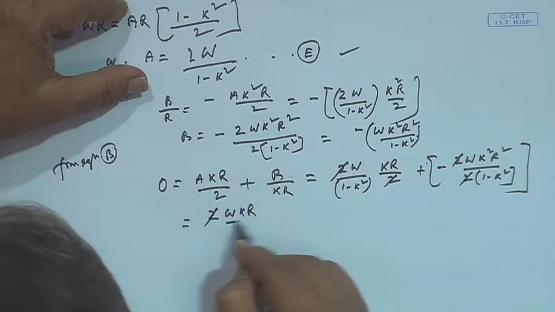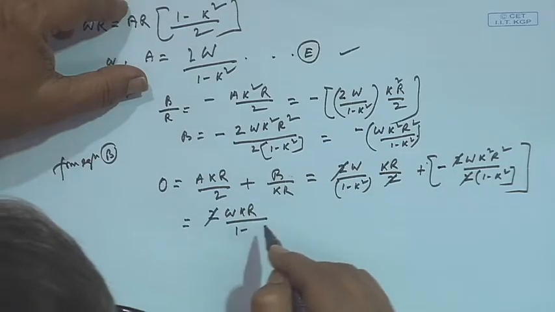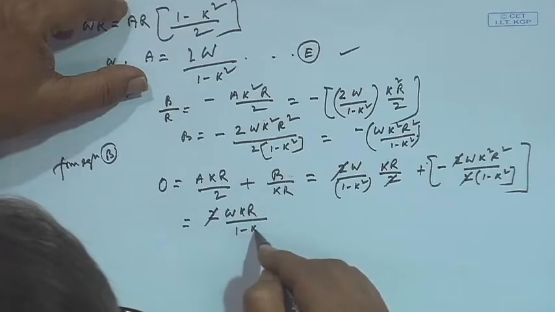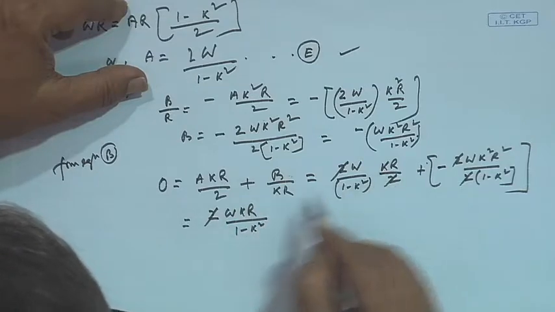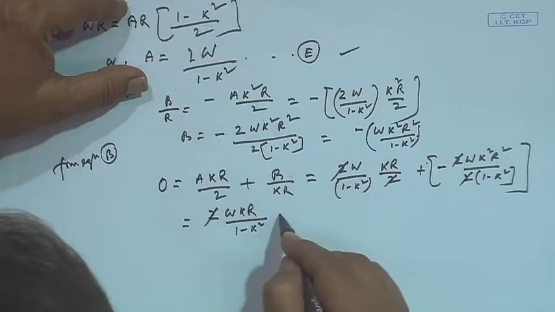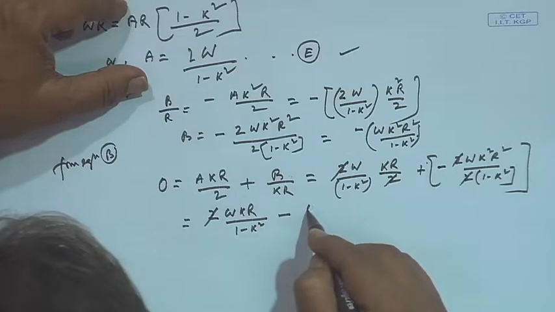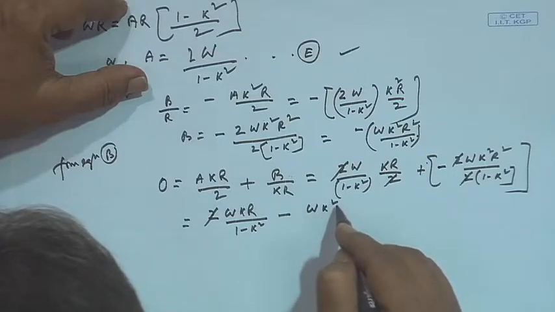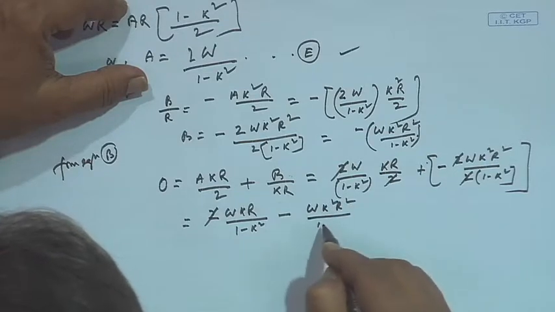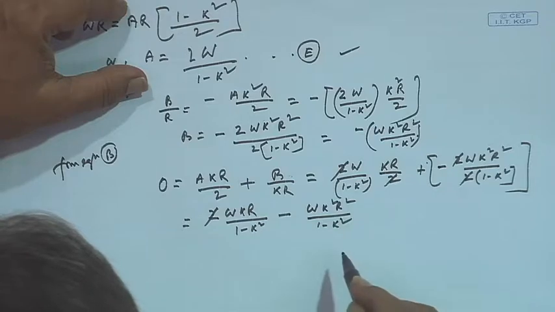So, this 2 is also not there. So, 1 minus k square, right, omega k R by 1 minus k square, this is minus. So, this is omega k square R square by 1 minus k square, right.